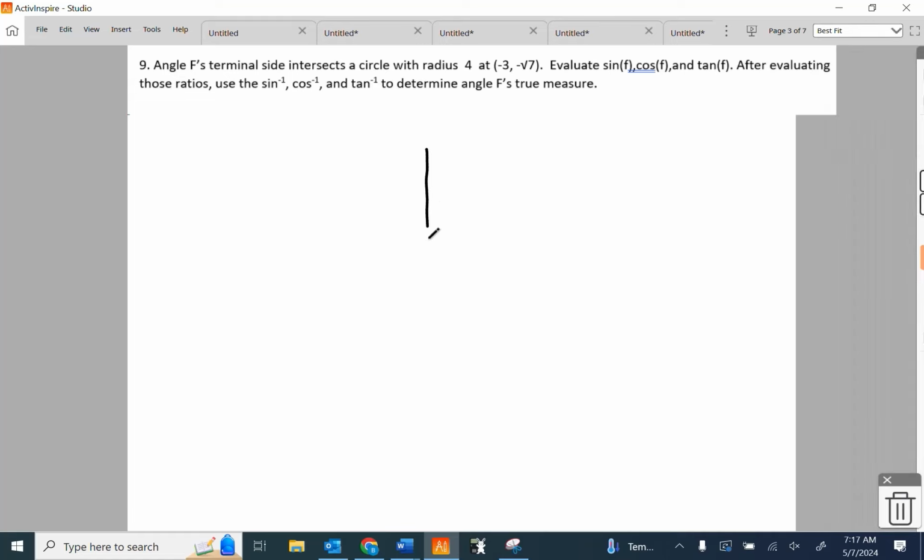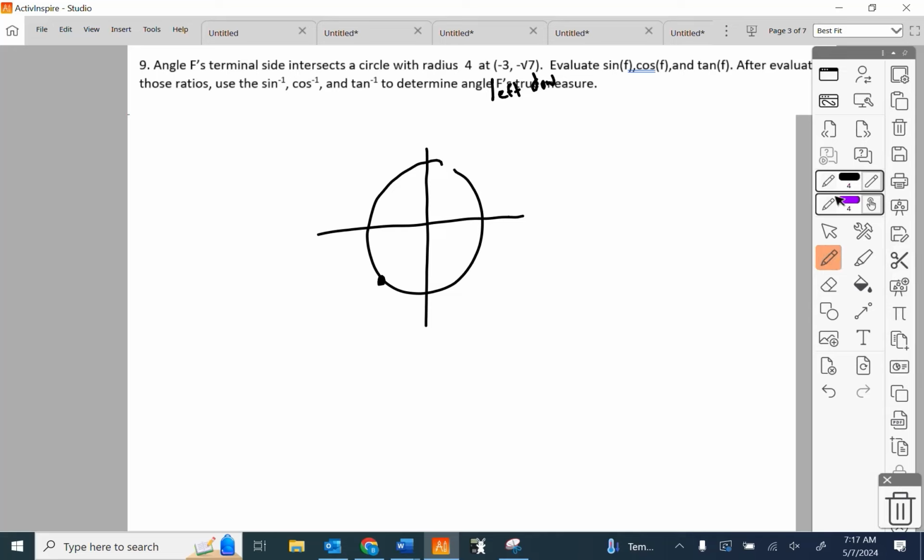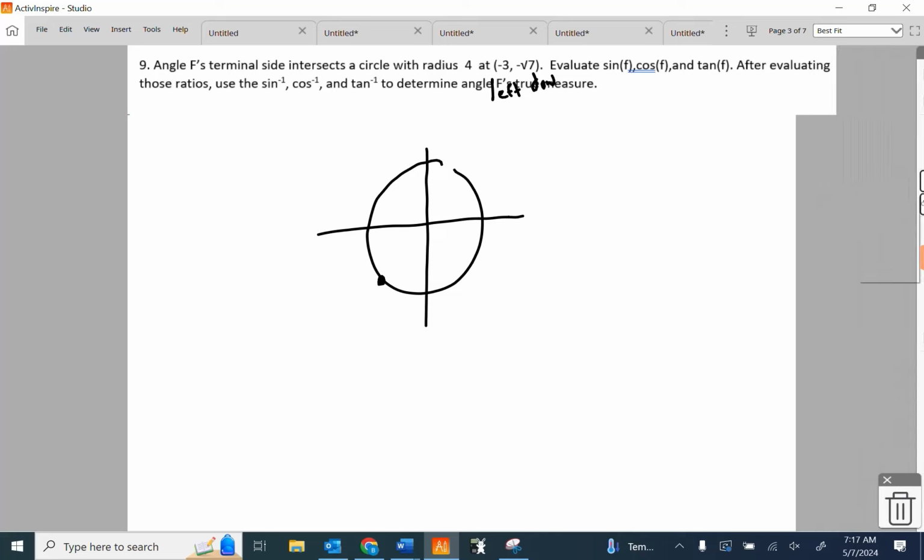So it does help to draw these things. A radius of 4 is my circle, and I go left and down. The angle that we're finding is not going to be given to us by a calculator. The calculator is not going to return this massive angle that we have there.